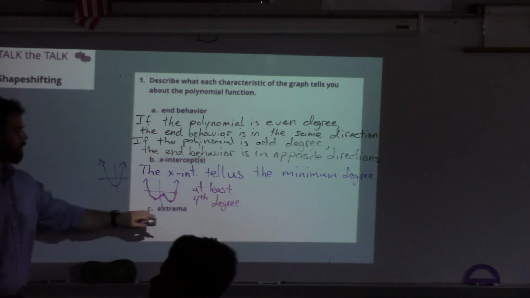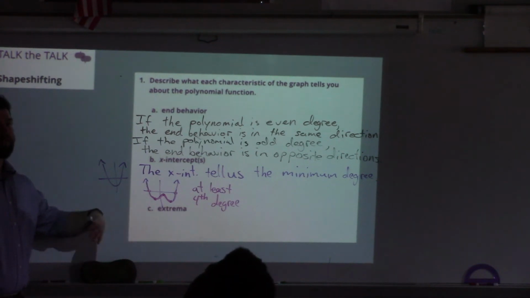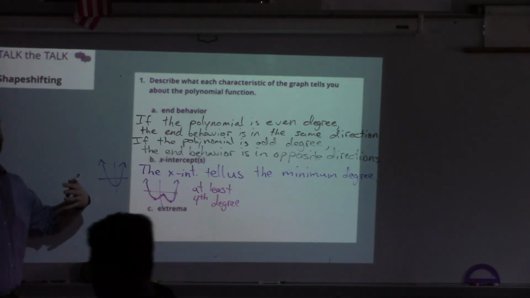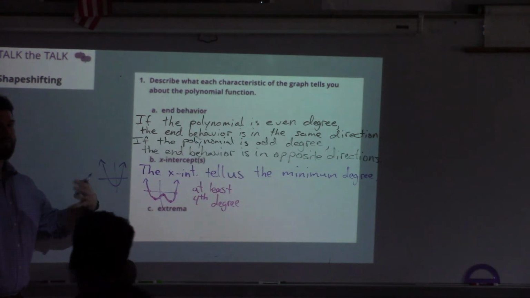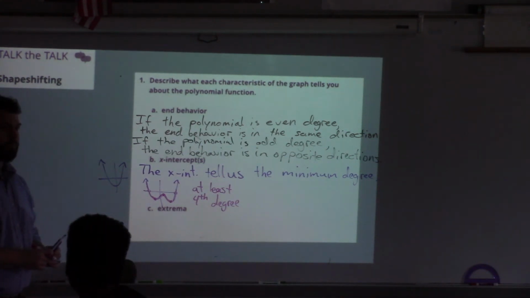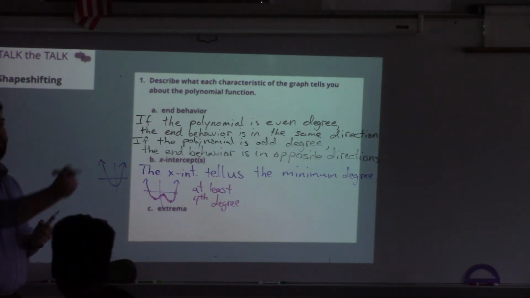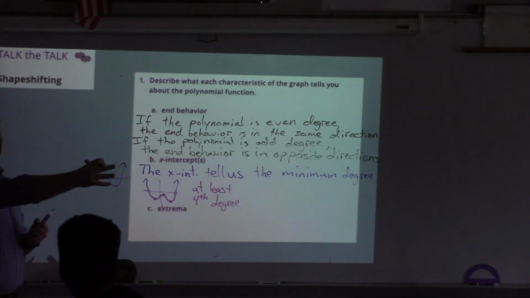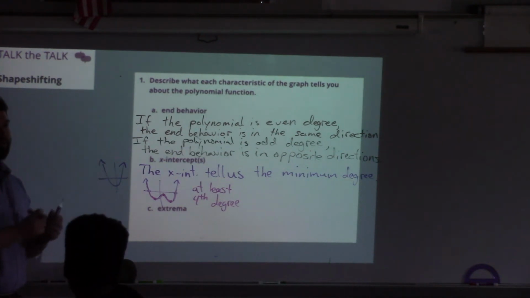Okay, so what did we just talk about with the extrema? The extrema is always 1 less than the degree. Remember our extreme points, so it'd be relative maximum and minimum. So extreme points, max and min.